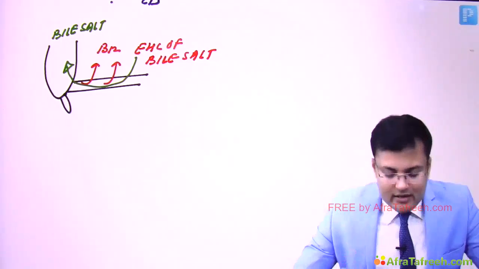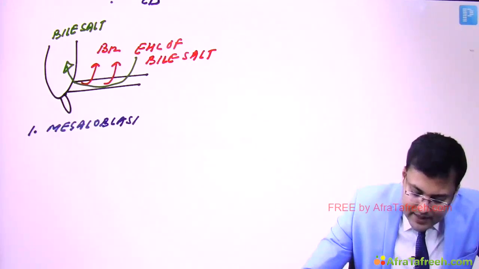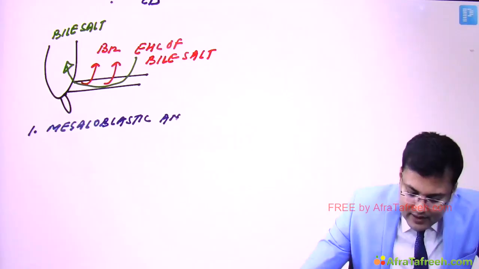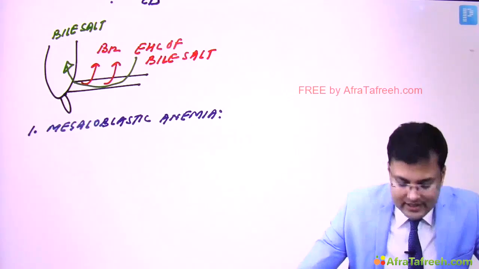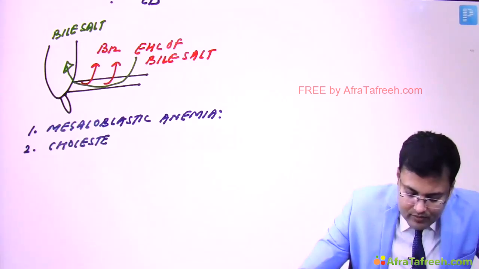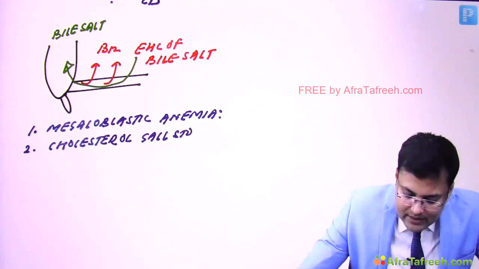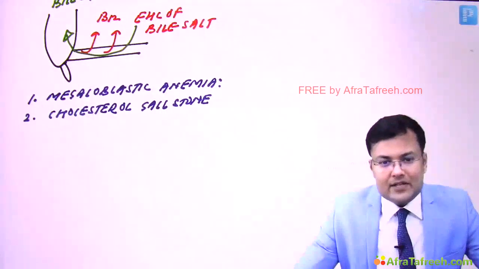And the bile salt which is not absorbed in the terminal ileum will enter where? The colon. And if it enters the colon, bile salt is going to irritate the colon, and because of that the patient has watery diarrhea. What's the name of this diarrhea? Choleretic diarrhea. Clear? So, the first three manifestations: these patients have megaloblastic anemia because of impaired absorption of vitamin B12 from the terminal ileum. Second, these patients can develop cholesterol gallstone because of impaired enterohepatic circulation of bile salt, leading to bile acid deficiency.